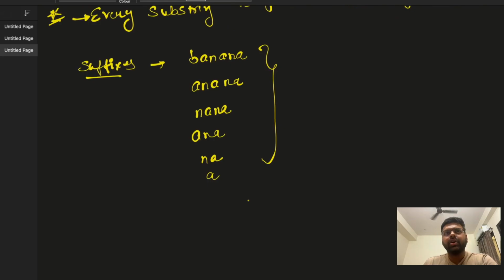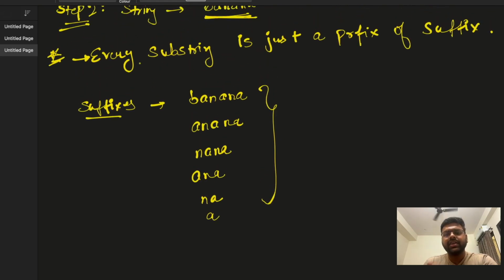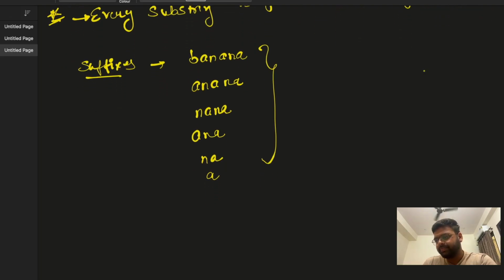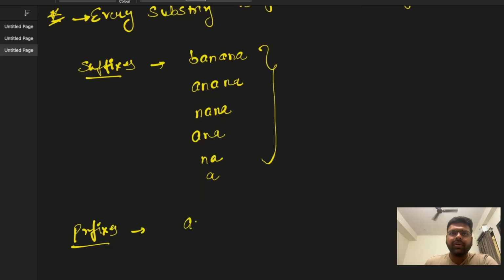Now just keep in mind this particular statement that I have written: every substring is just a prefix of a suffix. Now we'll calculate the prefixes. If we go and see the prefixes of a, and a, what are the prefixes?